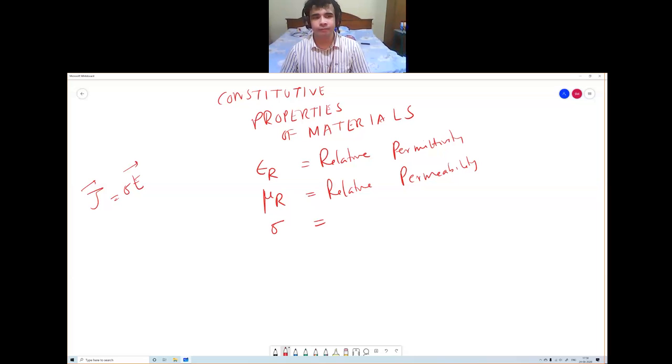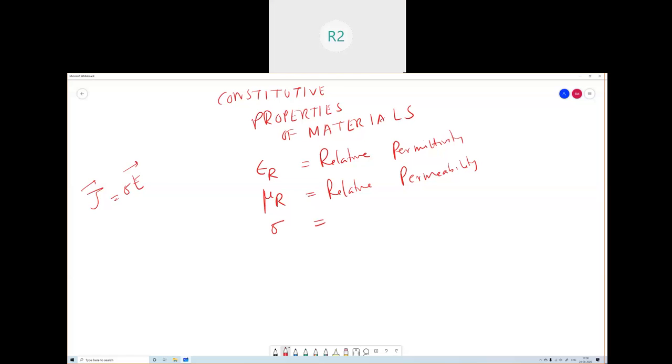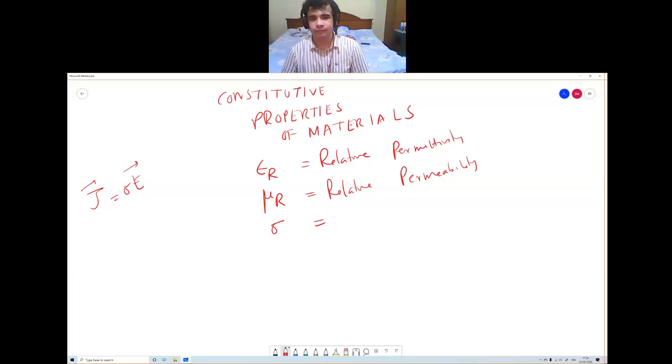What is sigma? It has units of Siemens per meter. Sigma has units of Siemens per meter. Conductivity.